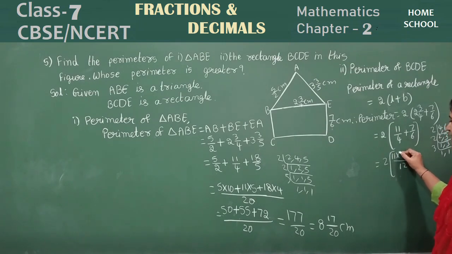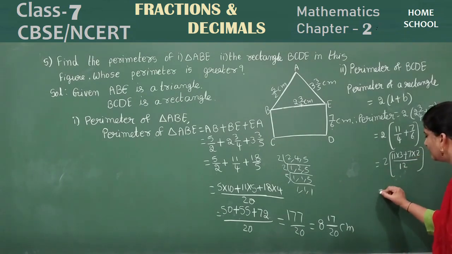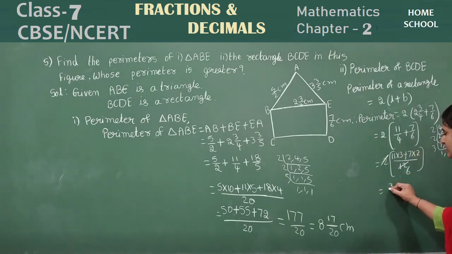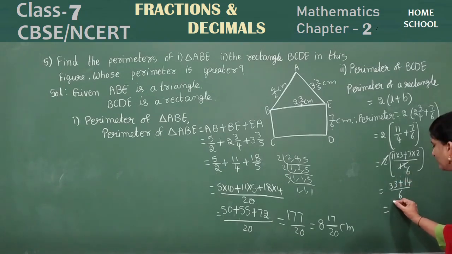That will be 11 into 3, plus 6 table where you get 12, 6 2s are 12, that 2 multiplies the numerator, 7 into 2. That equals, see, 2 and 6 I can cancel, numerator and denominator I can cancel. So now 11 3s are 33 plus 7 2s are 14, by 6. What will it be here, children? 33 plus 14, it will be 47 by 6.